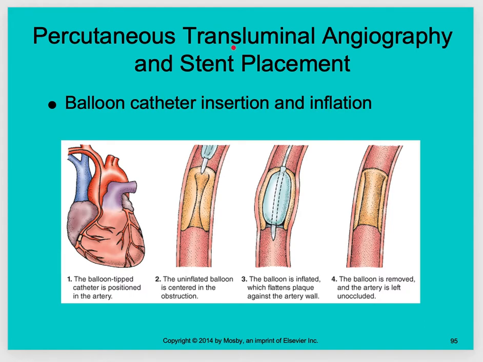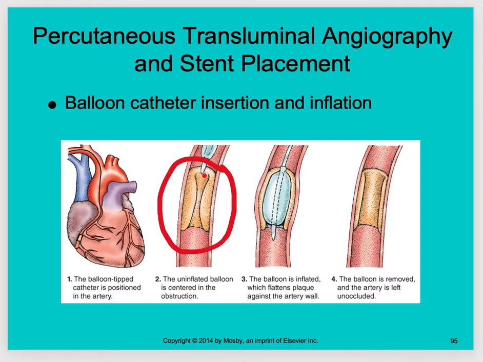So percutaneous transluminal angioplasty and stent placement. So they're going in, they're going to place a stent here. They're going to expand that stent, open that up, and you can see that this one here is opened up. So they basically went where it was obstructed.